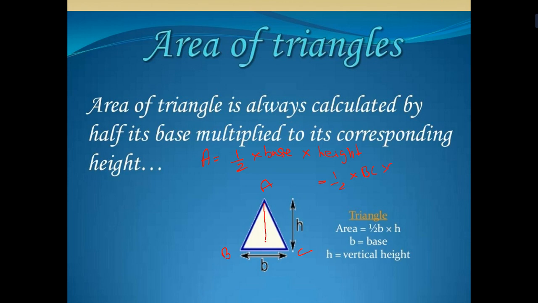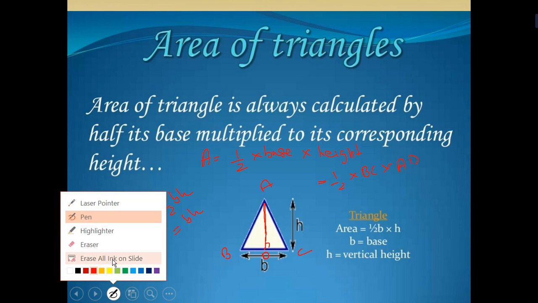Now it must be the altitude, so the height should be here, that we write AD. So always remember half BH is area of triangle, and for parallelogram it is BH. So these are all the concepts related to this lesson.